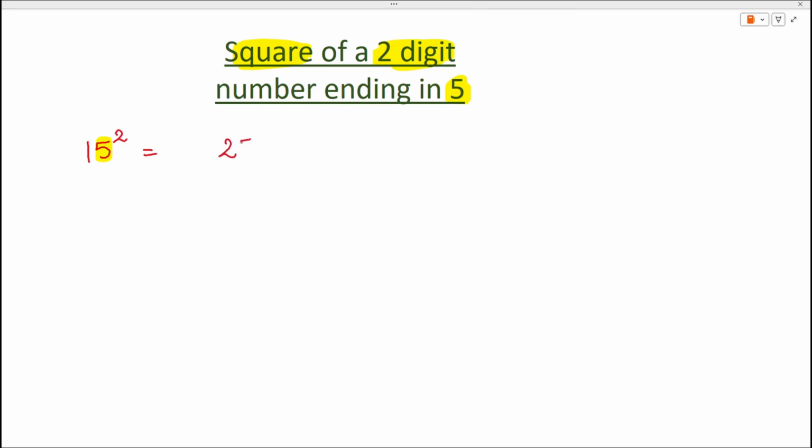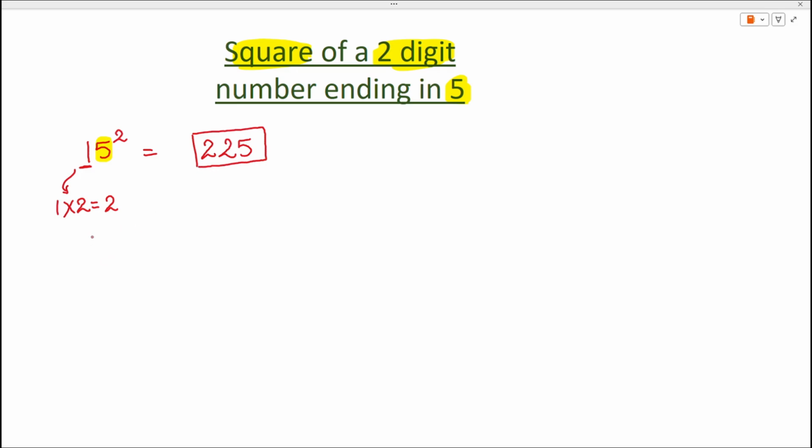So write it over here and take the tens place digit, multiply it by its next consecutive number. So 1 multiplied by the next consecutive number, 2, is equal to 2, and then just place this number over here. So this is the square of 15.